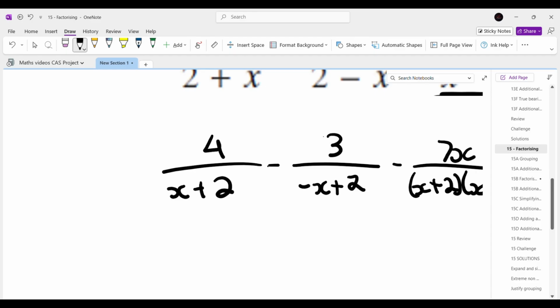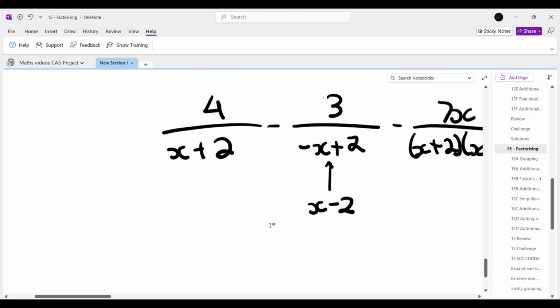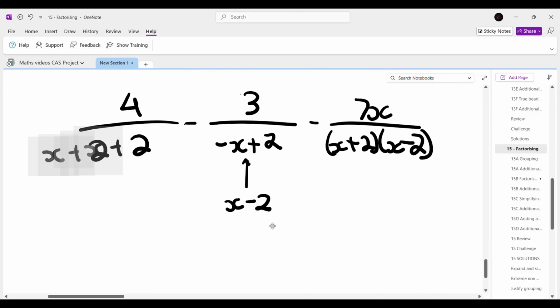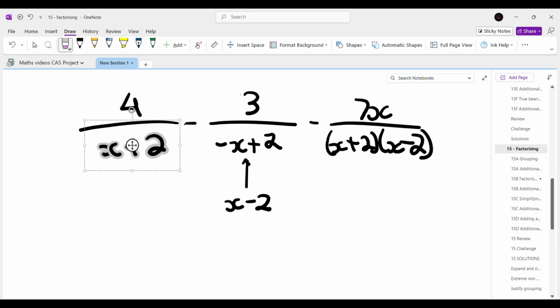So what we can do here is multiply this middle term by a negative value, because that means we'll end up with x minus 2. And then it's in the same format as these other equations right here. So for this middle term, we'll multiply both the top and the bottom by minus 1.